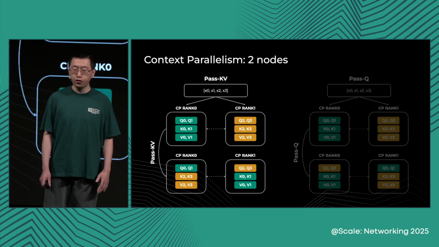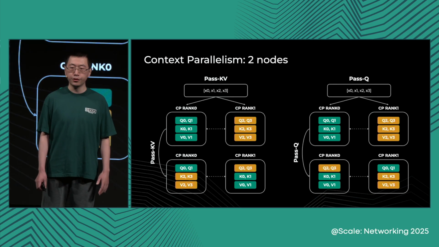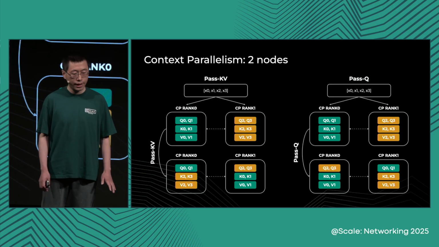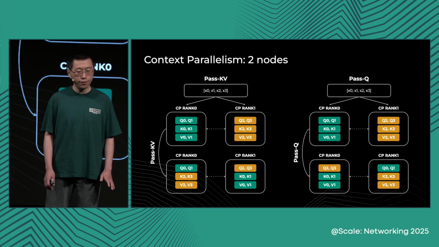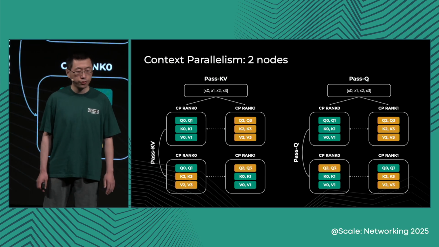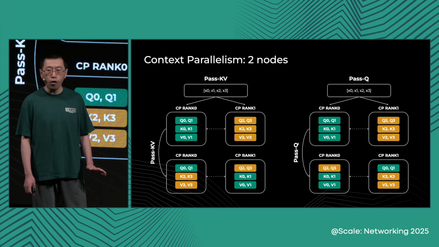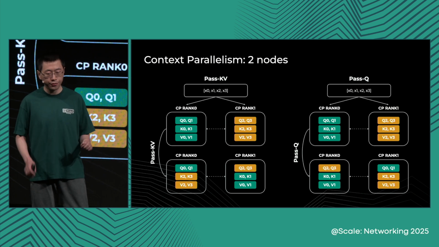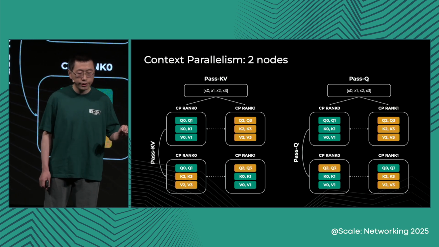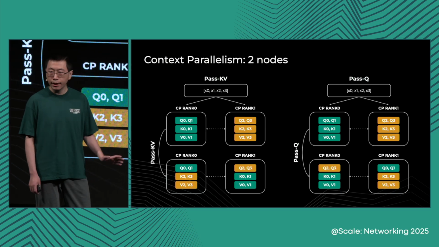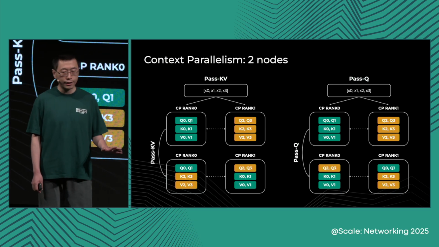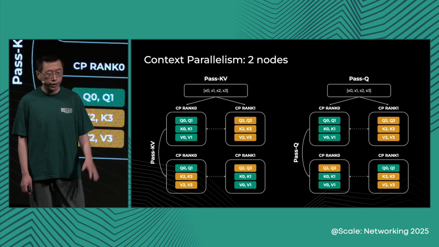To address these challenges, we implemented two variants of context parallelism in attention mechanisms. Here is a simple example with two nodes. Let's say we have 4 input tokens and split them across 2 CP ranks. CP rank 0 calculates query, key and value 0 and 1. CP rank 1 calculates query, key and value 2 and 3.